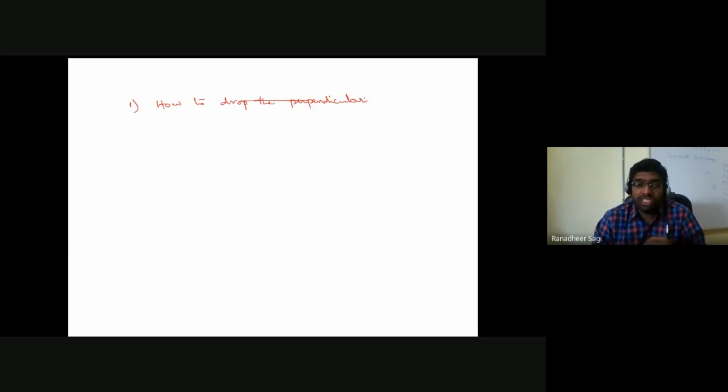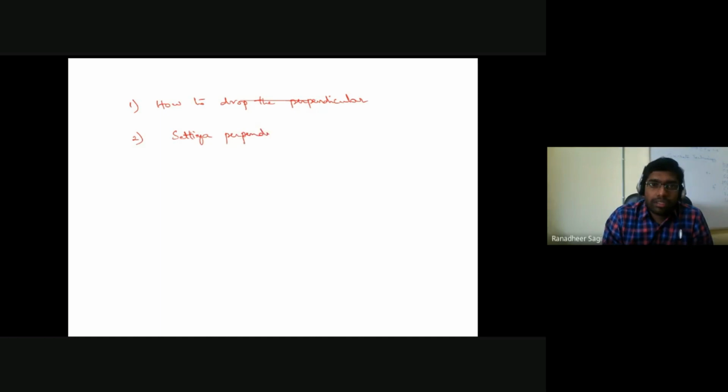But now my objective is to understand how to drop that perpendicular. And second is how to set a perpendicular, which I will call setting a perpendicular.